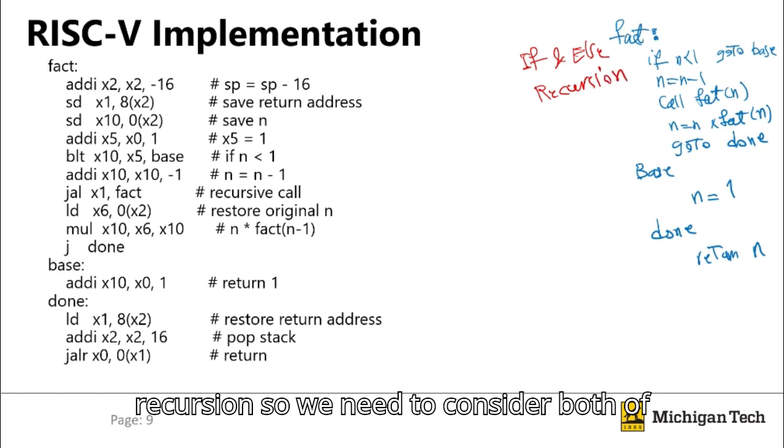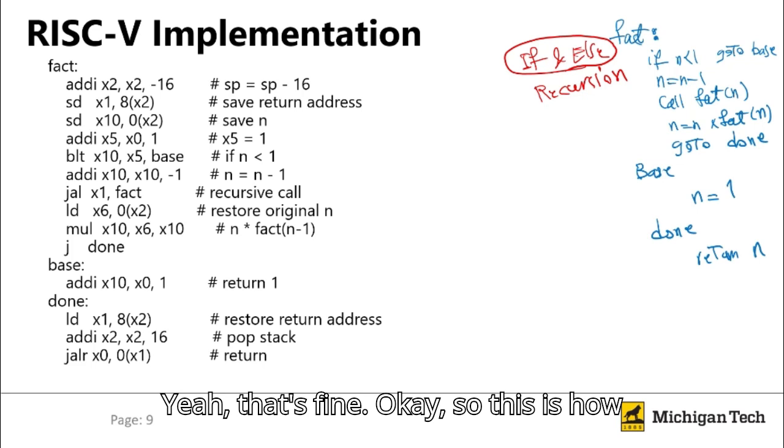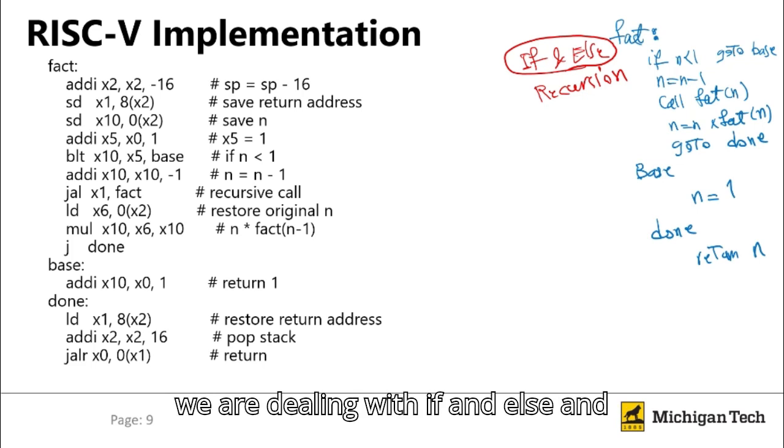So we need to consider both of them. To do if and else in RISC-V, we need to have a base one. And oh, I forgot something. We have a jump here, down. Oh yeah, I wrote that. Go to done. That's correct.